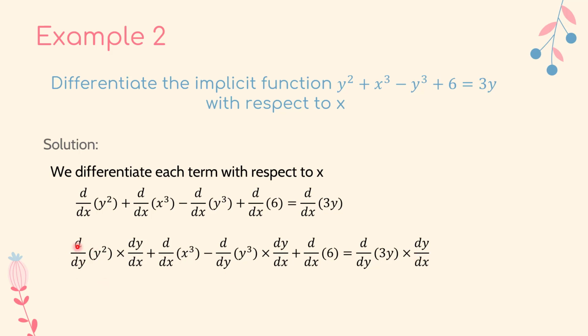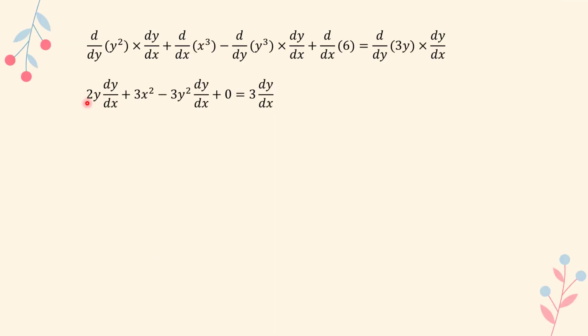So for the differentiation of y squared with respect to y, we obtain 2y, and then we have dy/dx. Here, for the x cubed, we will have 3x squared. And here, we have 3y squared multiplied with dy/dx. And here, we will have 3 multiplied with dy/dx.